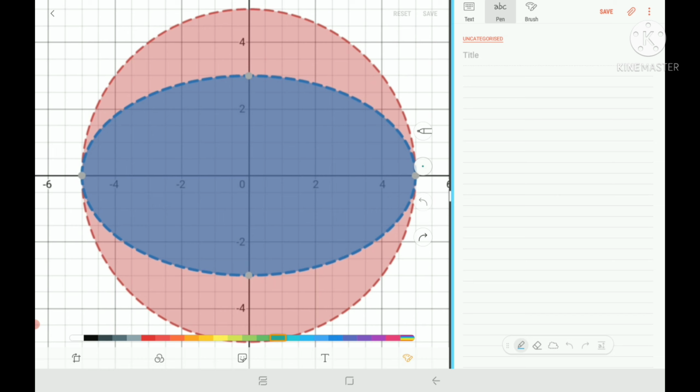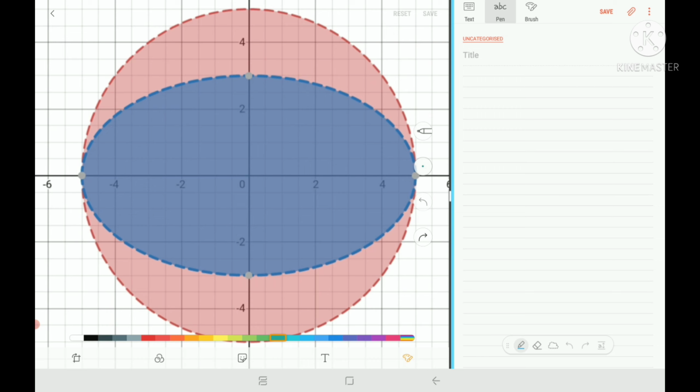There are some prerequisites to this video. You should know what an ellipse is and what a conic section is. Since you clicked on this video, it's obvious that you know what an ellipse is: the blue curve inside the red circle is the ellipse. That's how the ellipse looks. You should also know what the general and the standard equation of an ellipse look like.